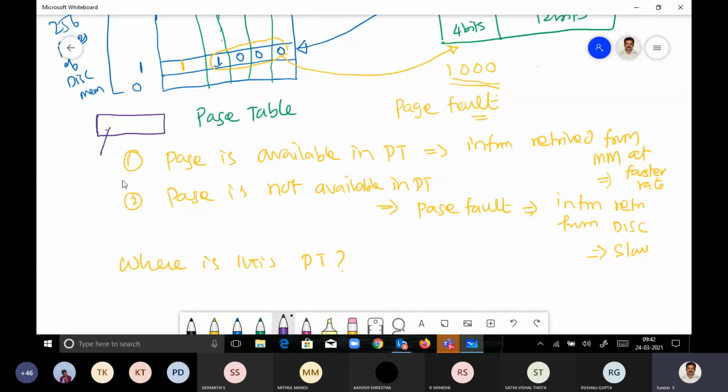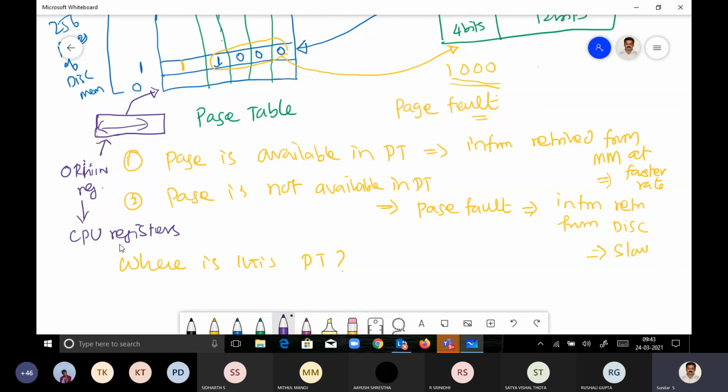This origin register contains the starting address of the page table, where this page table is residing in the main memory. That information is available in the origin register. This origin register is part of the CPU registers. Inside the CPU we have some registers, right?